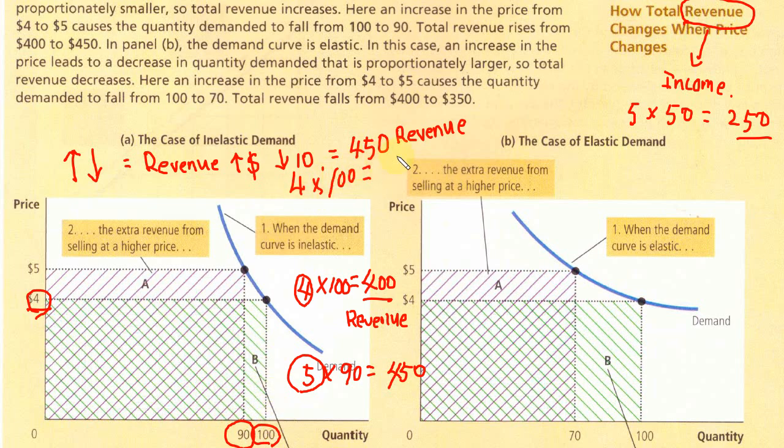But your total revenue is 400, which is 150 short, right? Comparing to $5 and 90 quantity. So this is a good comparison.